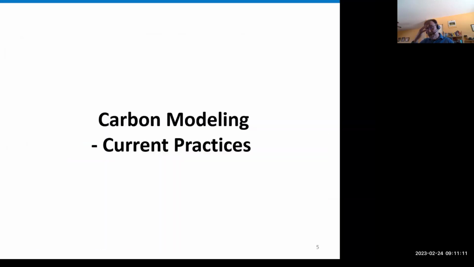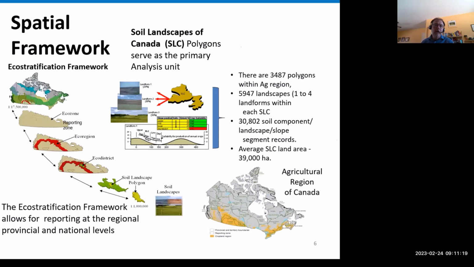So to get into a little more detail, I'll talk about the carbon modeling to be a little more specific on some of these things. The modeling, and all of our modeling within sustainability metrics, follows the spatial framework of using Soil Landscapes of Canada as our primary analysis unit. And those Soil Landscapes of Canada nest within the overall ecostratification, so it's very easy for us to speak along the lines of eco districts, eco regions, or eco zones.